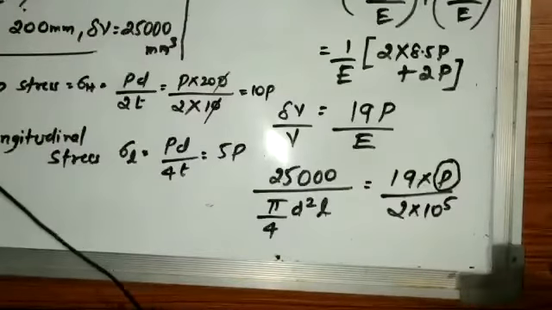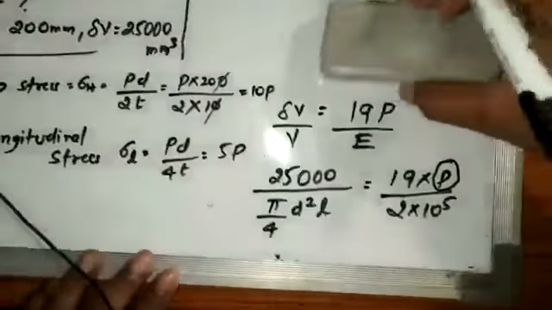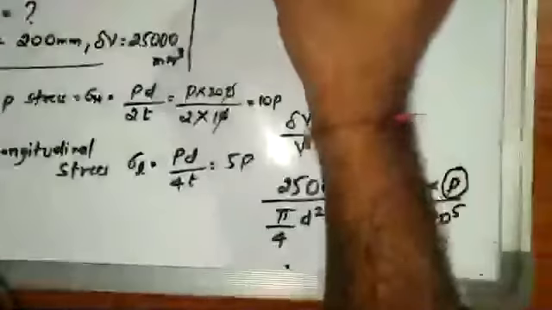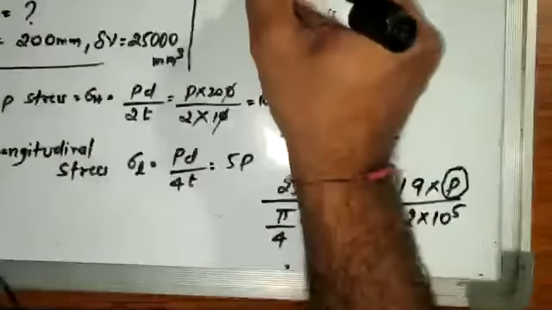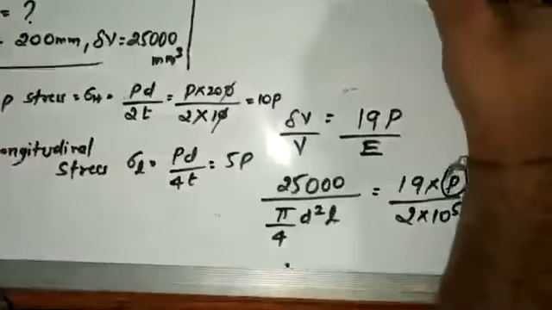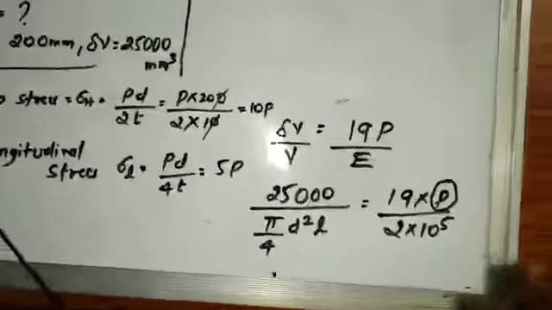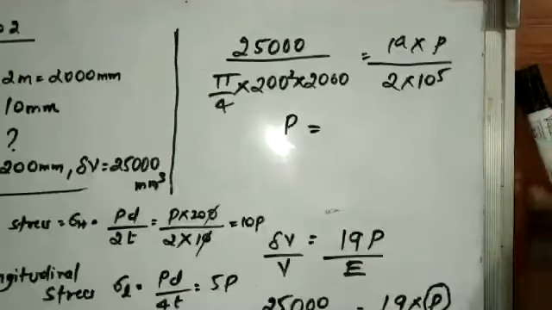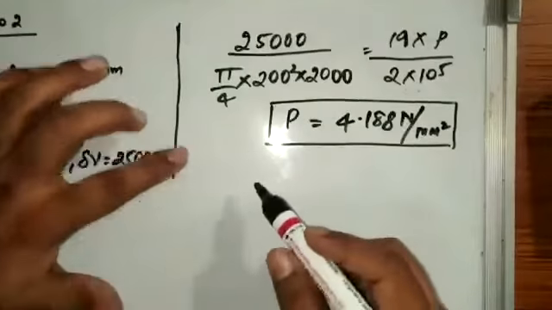Calculate and see how much you'll get. 25,000 upon pi by 4 d square into L. L is 2000 mm. 19 into P upon 2 into 10 power 5. Okay, calculator. Calculate P.